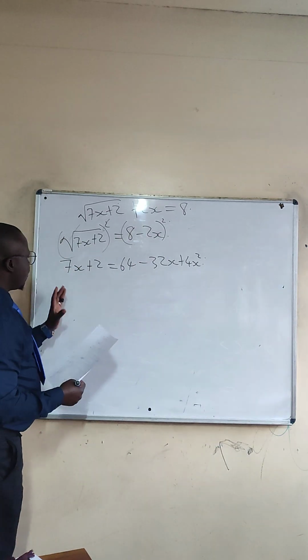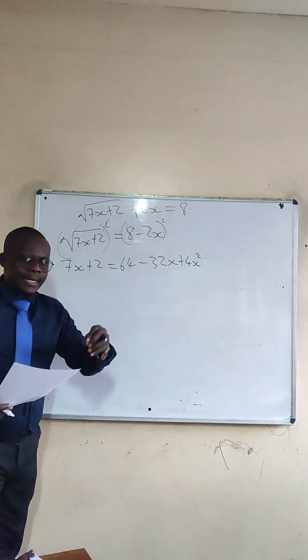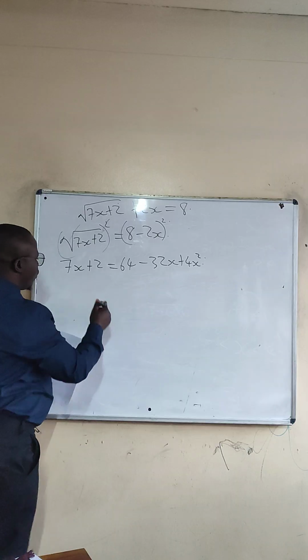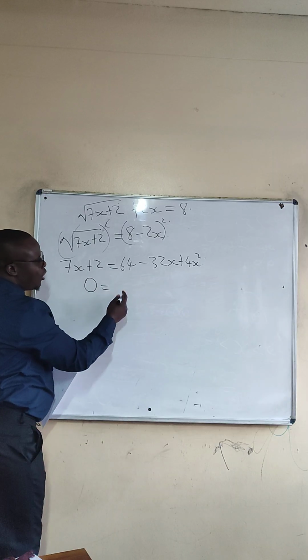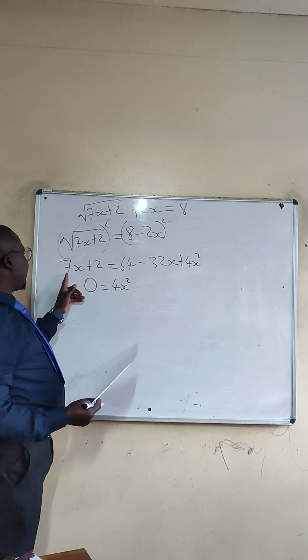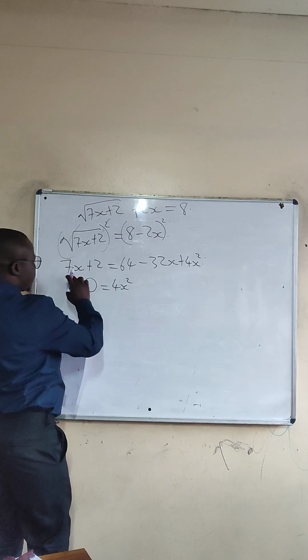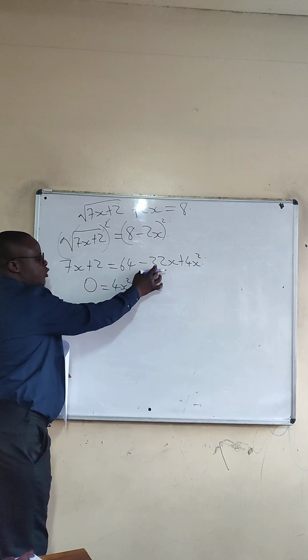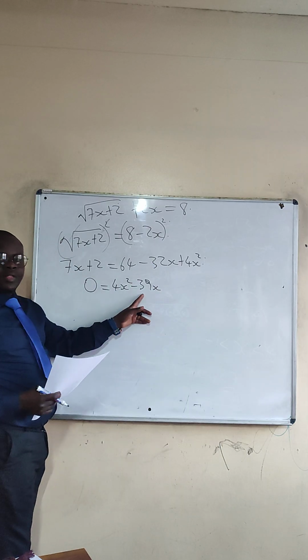After that, we have to combine everything. Let us standardize this quadratic equation, and we are going to be left with a 0 here. On the other side, we are going to have 4x squared, and 7x goes to the other side and is subtracted, giving minus 39x, because negative 32 minus 7 gives you negative 39.